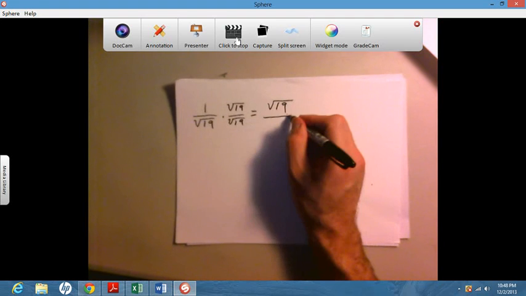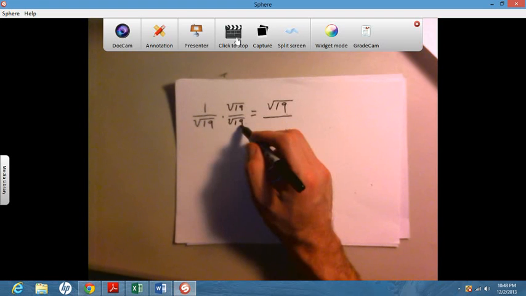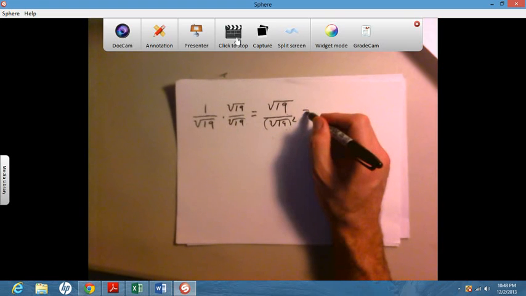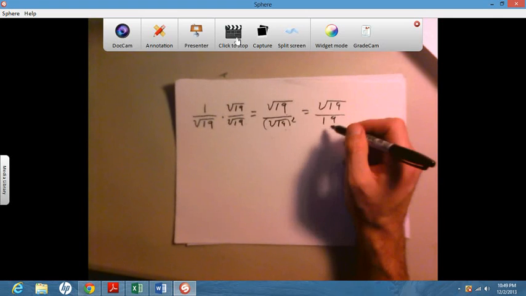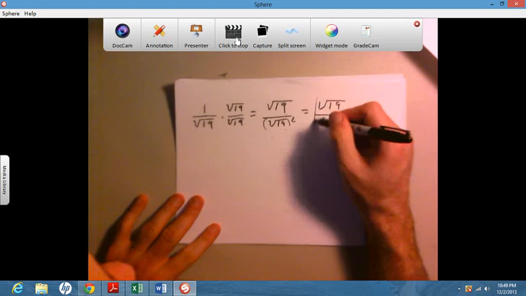And the square root of 19 times the square root of 19 is the square root of 19 squared, which is equal to 19. The square root and the square essentially cancel each other out. So the answer is the square root of 19 divided by 19.